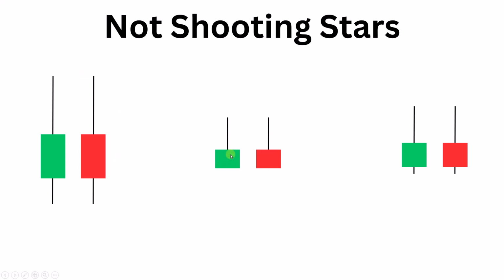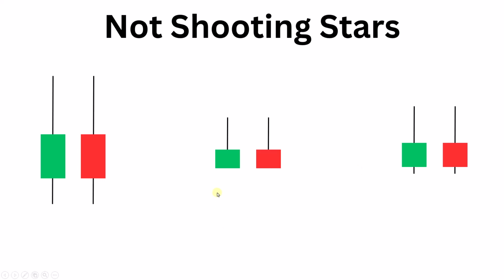Okay, here the body is fine, you don't have lower wicks, but the upper wicks are very small. The length should have been more for us to consider these as shooting stars. So here they are not more than 2 times the body. Okay, here too the body is small, we have small lower wicks, but the upper wicks are small too. So we will not be considering these as shooting stars.